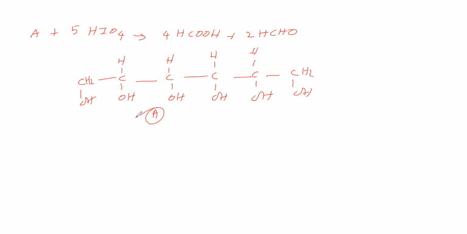Next we will see B. B with periodic oxidation gives 2 times formic acid and 2 times glyoxal.